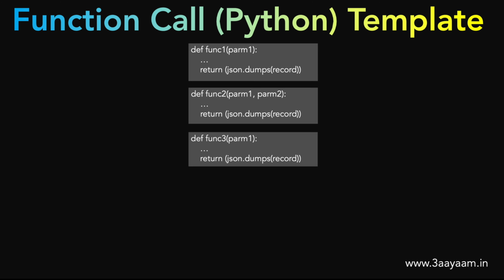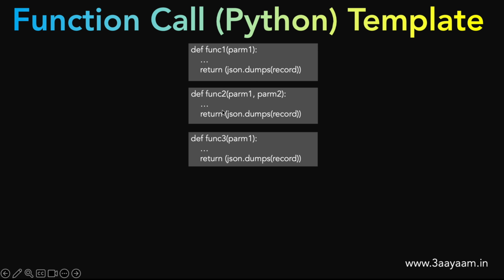Similarly, we'll be defining multiple functions. So this is the first thing that we are going to do when we write our Python code that we'll use for the GenAI models. Let's say these are the only three functions that I'm defining. Of course, the number of functions can be way more than three. Let's say the first function would make a call to fetch customer details from a database.